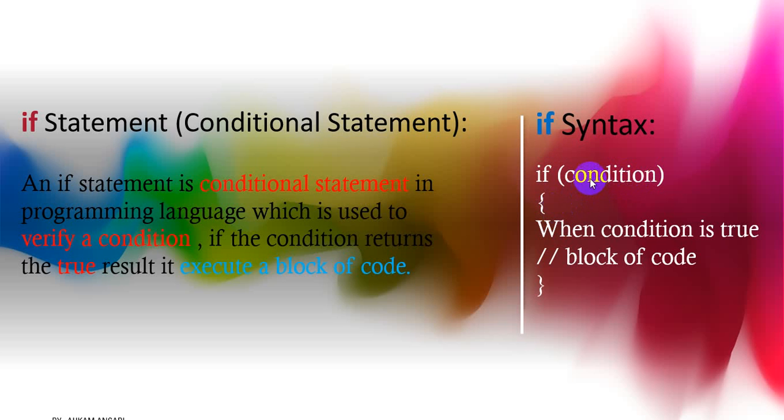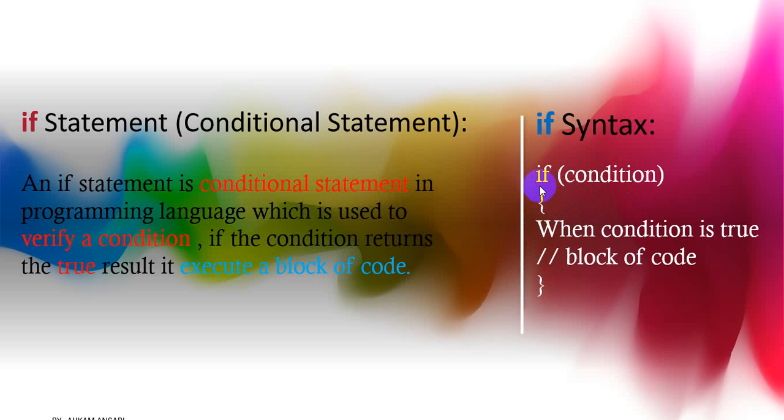If the condition is true, then just below that you have a curly bracket, curly braces. Students, just try to understand: when the condition is true, when the condition is satisfied, only then can the cursor move inside that bracket. That is an opening bracket and that is a closing bracket. Opening curly bracket, this is the syntax.